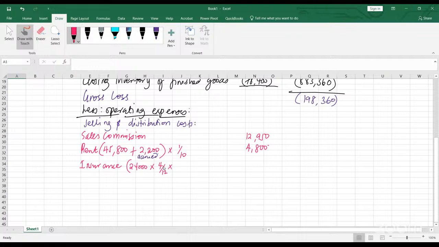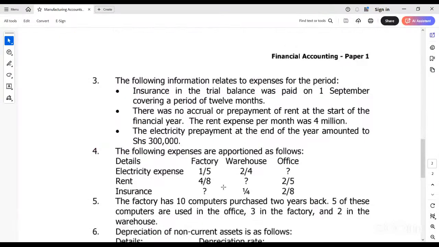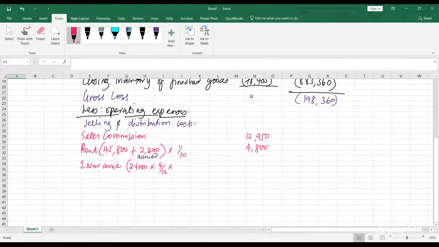But then when it comes to the warehouse or selling and distribution, you're going to take a quarter, as per the additional information. So we take a quarter of the insurance.